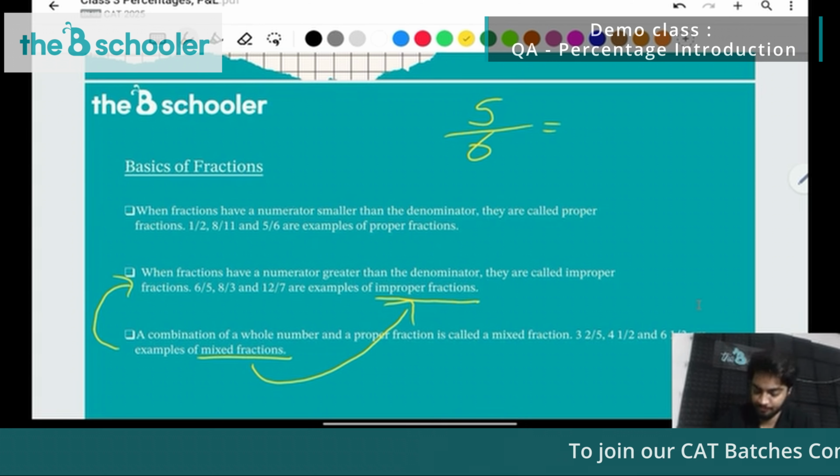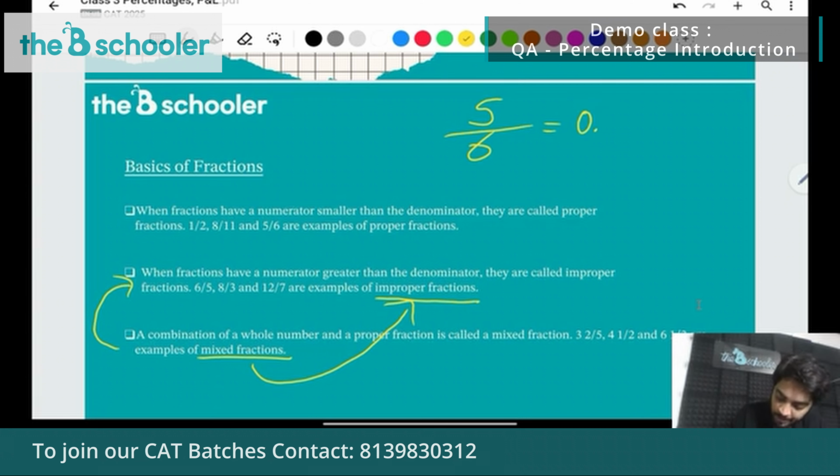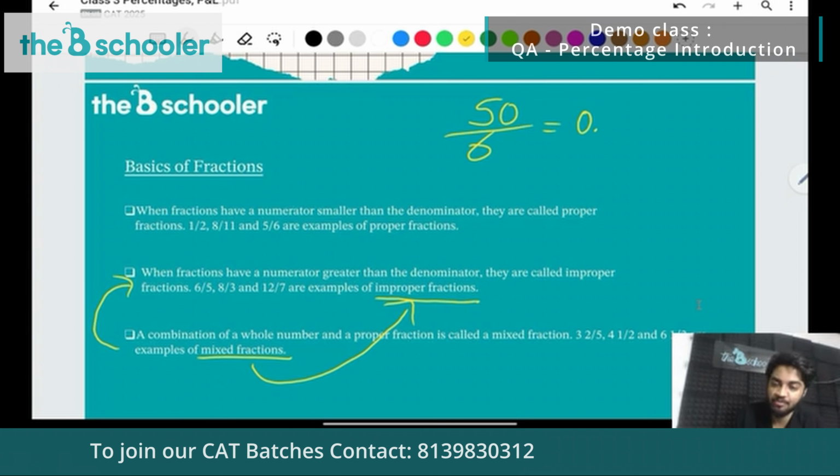Real number means a decimal form with a point, that is a real number. How will you do 5 by 6? One way of doing it is normal division that we have learnt in primary class. Since 5 is smaller compared to 6, you write it as 0 point. After the point you put a 0 here, it becomes 50 by 6.